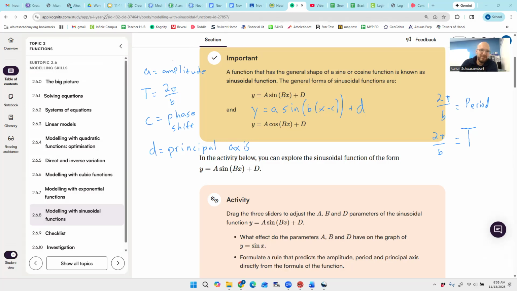So if I do it with it not factored out, not much changes. The only thing that changes here is this becomes C over B, if I'm dealing with the red one.